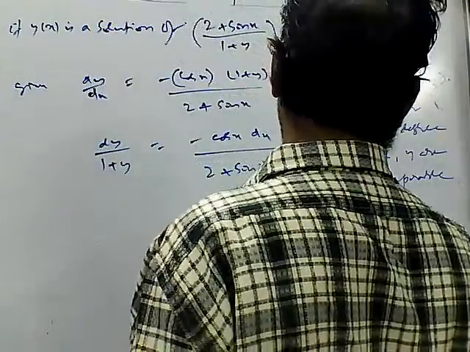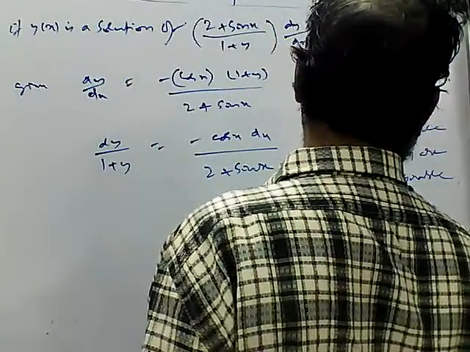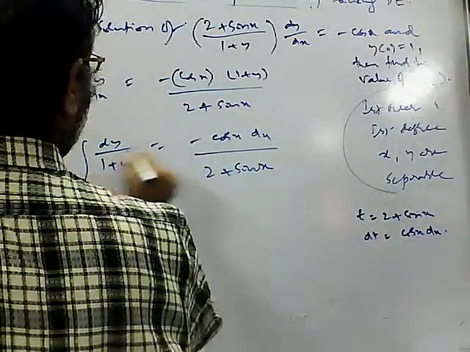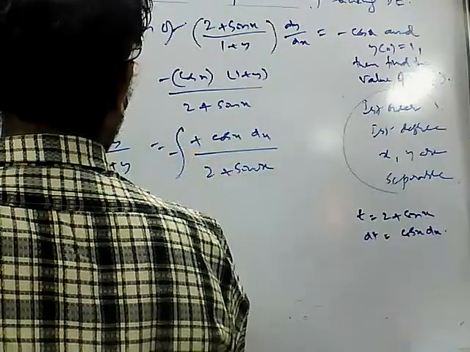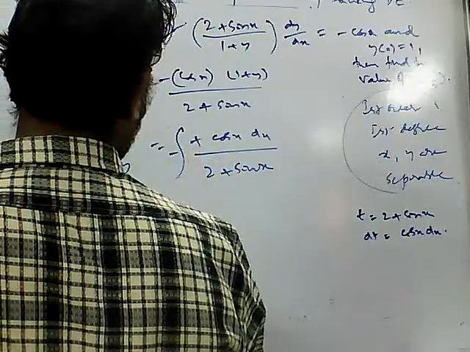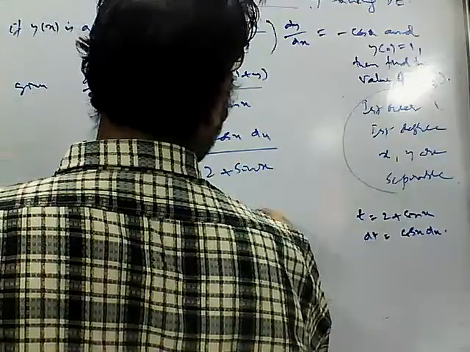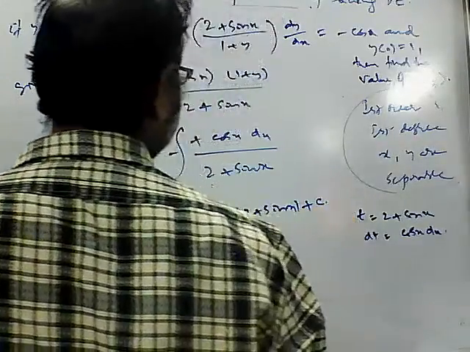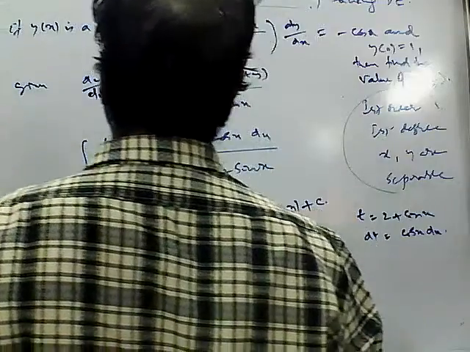So t is equal to 2 plus sin x, dt is equal to cos x dx. So here integral, here integral, so minus will come up. So log of 1 plus y is equal to minus log mod 2 plus sin x plus c. So y of x is the solution.